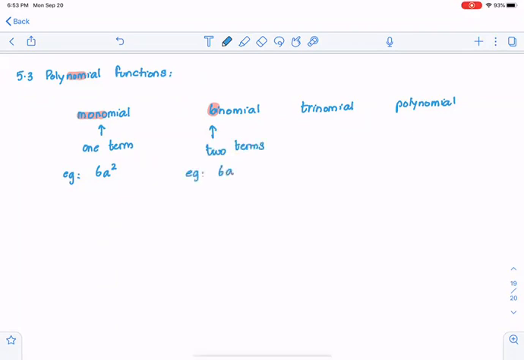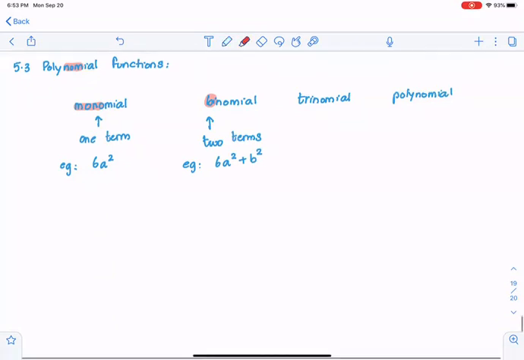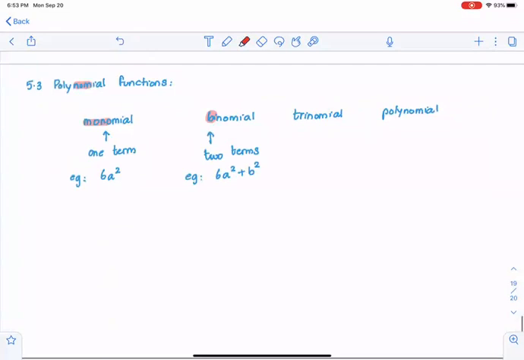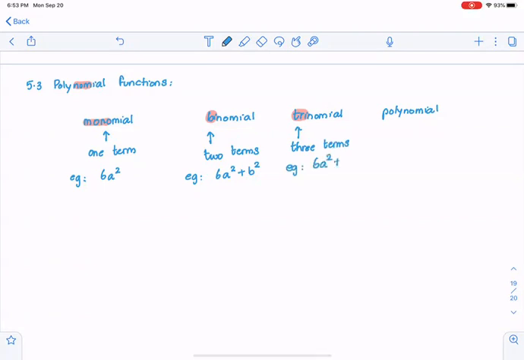So I can have 6a squared plus b squared. The next is trinomial. Three terms. You can write it as 6a squared plus b squared plus c squared.